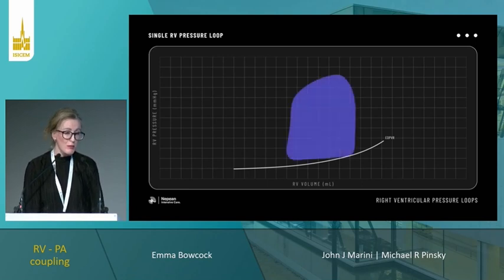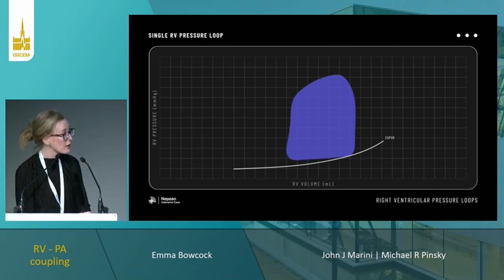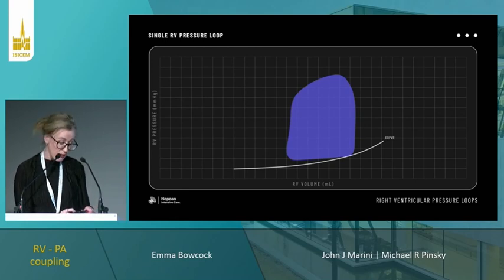So let's take the RV pressure volume loop, for illustration purposes. We know that the RV pressure volume loop is usually more triangular in shape because of the indeterminate isovolumic periods, because it's ejecting into such a low impedance circulation. We usually read pressure volume loops from right to left.